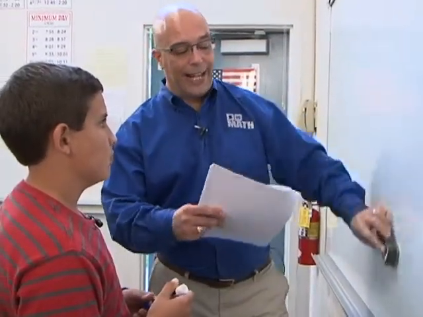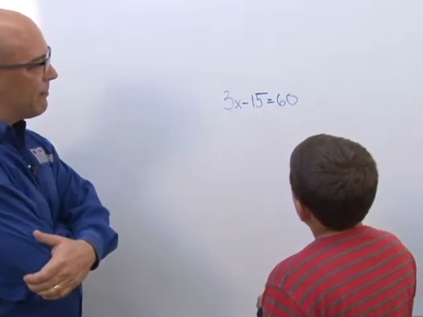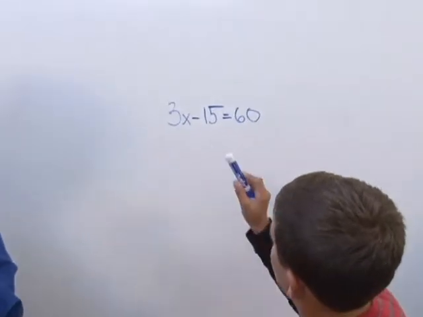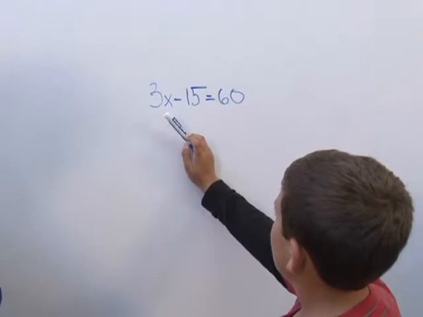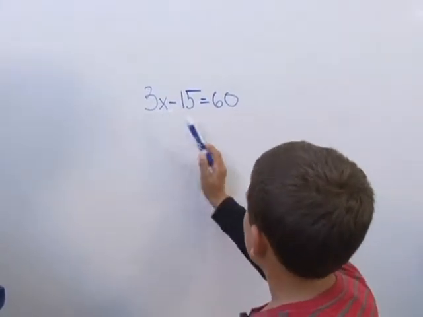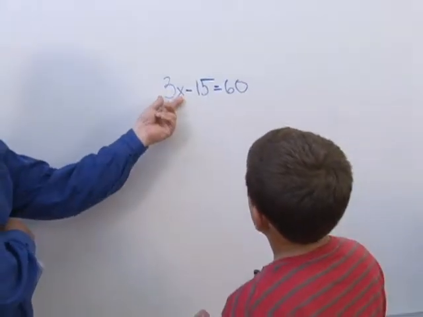So the question is, how old is B's uncle? How would you solve this problem? I would solve it by first trying to solve for x by subtracting 15 by 3 times as old he is. So you want to solve for x, so you want to isolate x.